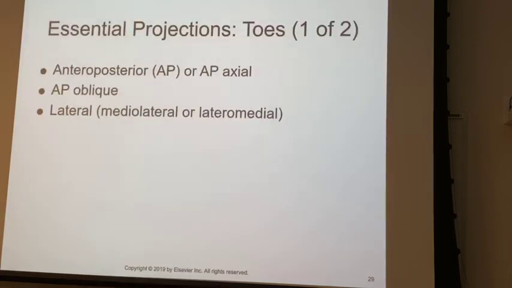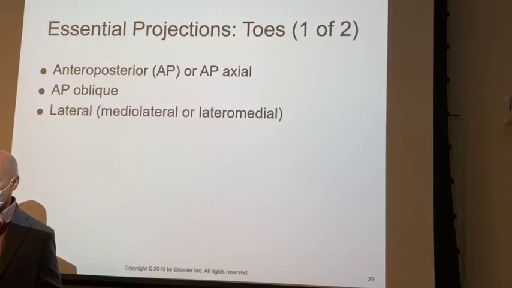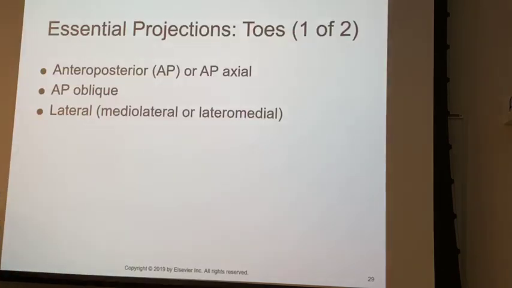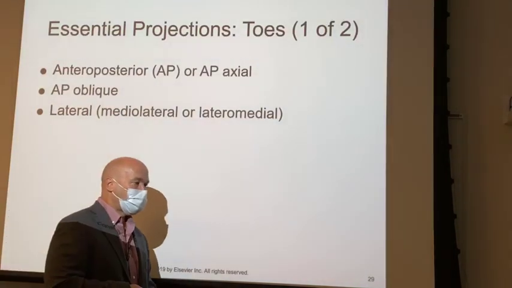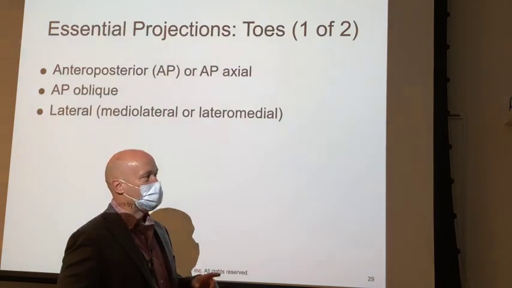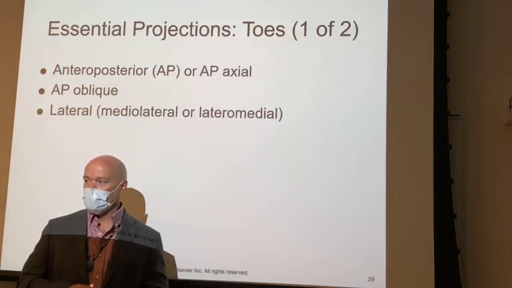All right, so toes follow the same rules as fingers, and that is that you want to minimize your OID whenever possible. This doesn't really play a part on the AP, but on the obliques and the laterals, certainly it does. But where individual toes differ from individual fingers is that in a lot of cases, you don't shoot individual toes.